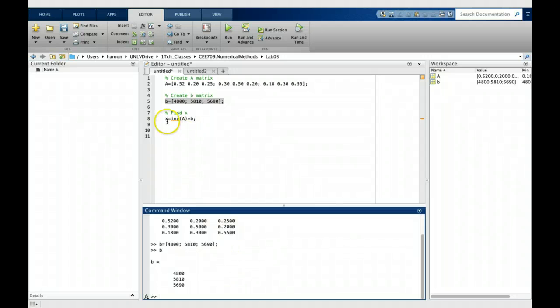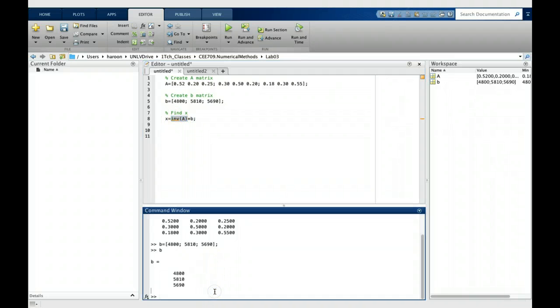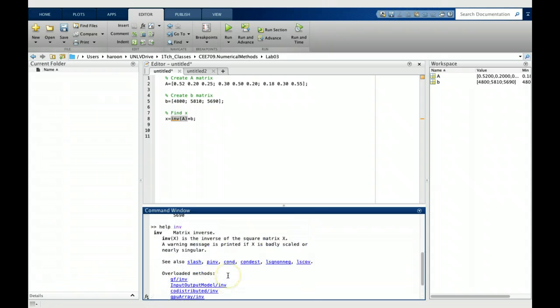And to find x, our equation that we learned in the class is that it's A inverse times B. So in MATLAB, the inverse of A can be found using the inv function, which I'll just put help inv, and you can read that it finds the inverse of a square matrix.